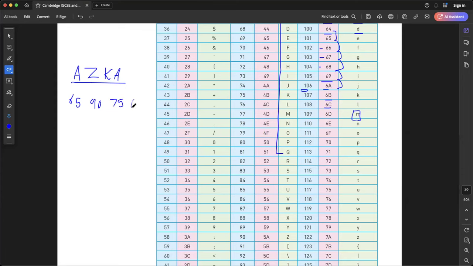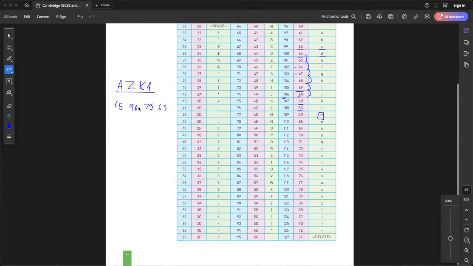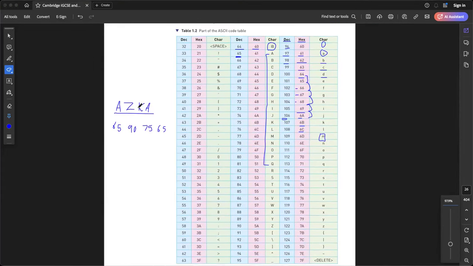And again 65. So this is how the computer understands what we type into the computer, and this system is called ASCII. If you get a question like that, the table will be provided by the examiner. Okay. Any confusion? No. Great.